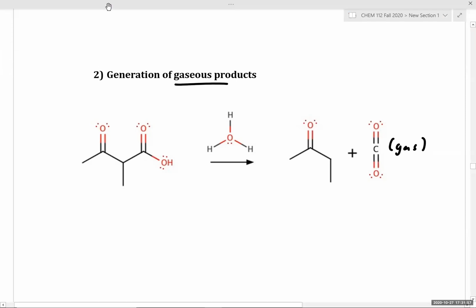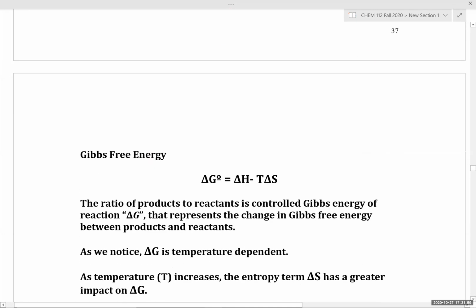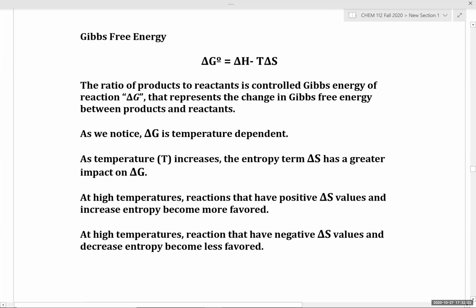Okay, so now let's put this together and talk a little bit about how we consider enthalpy and entropy effects as a whole. The ratio of products to reactants is controlled by the Gibbs energy of reaction that we call delta G. This Gibbs energy of reaction represents the change in the Gibbs free energy between the products and the reactants.